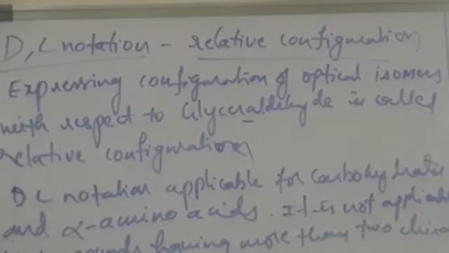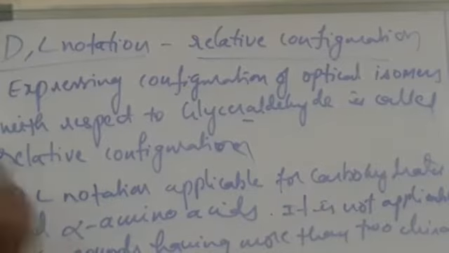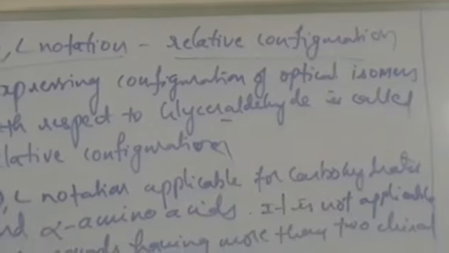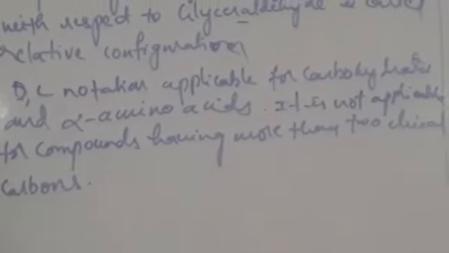So here DL notation is applicable for carbohydrates and alpha amino acids. Let us take the example of alpha amino acids.